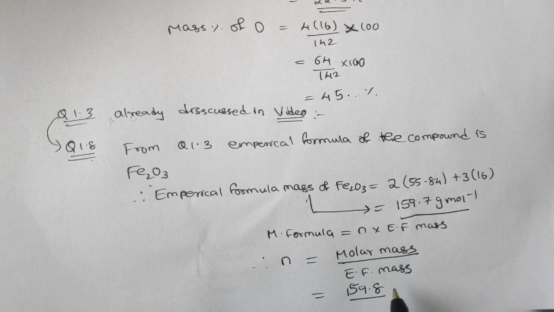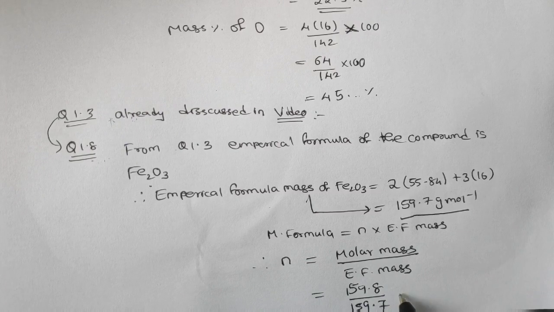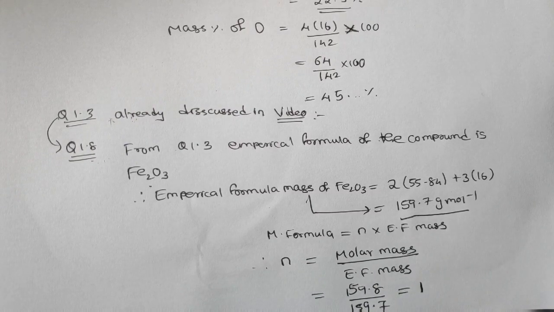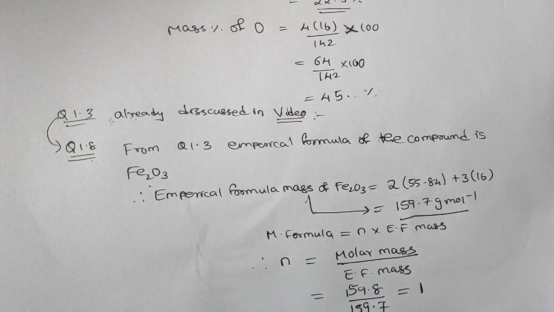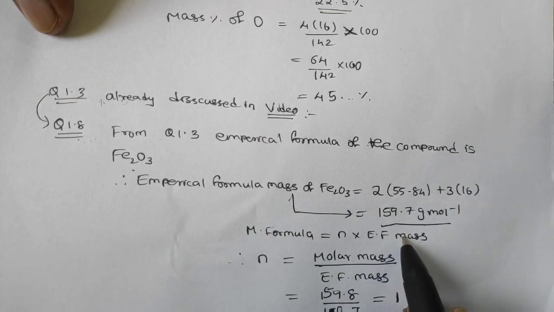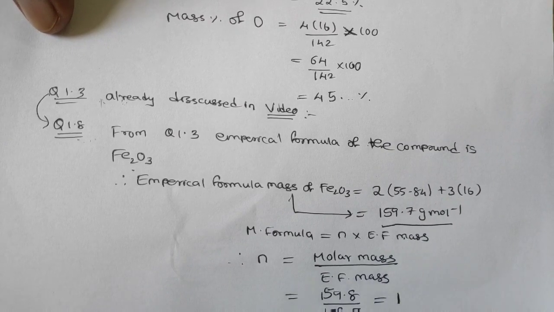Otherwise it would be given in your book, in your question itself. Now divide by the empirical formula mass, 159.7. So if you calculate, it will be equal to 1, right? Now if you want to find the molecular formula, what we will do next, here it is the empirical formula mass, clear?